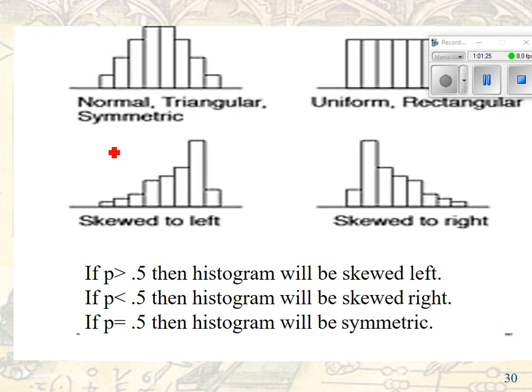So for skewed left, the probability is greater than 0.5. If the probability is less than 0.5, then it's going to have a tail out to the right when you draw your histogram. If the probability is exactly 0.5, then it's going to be symmetric.